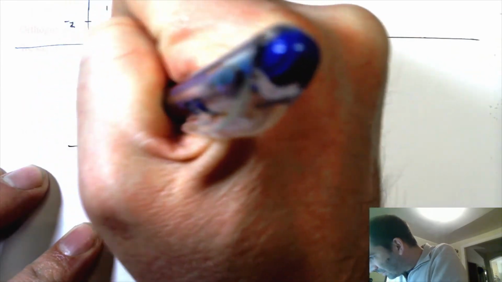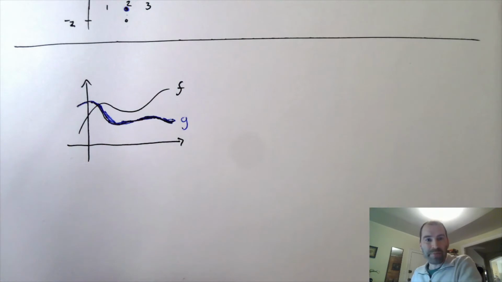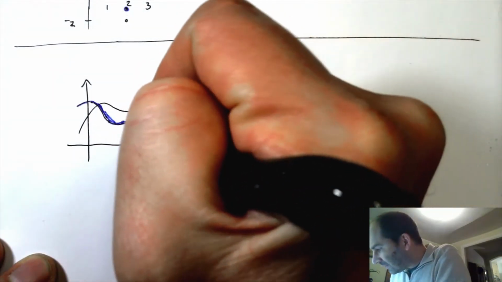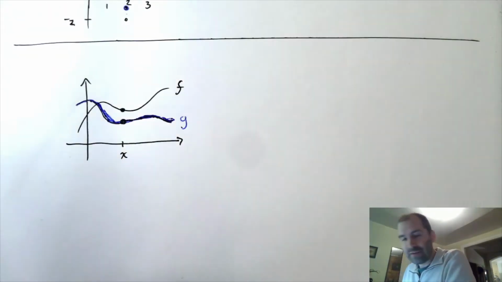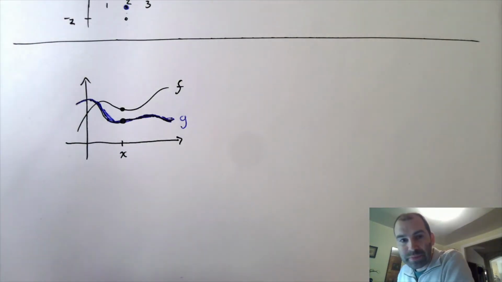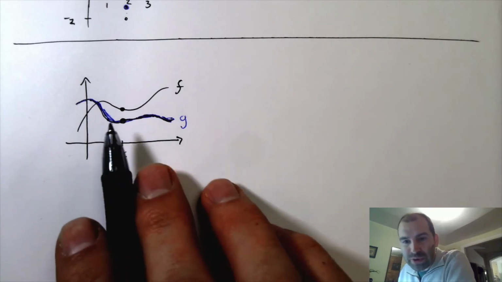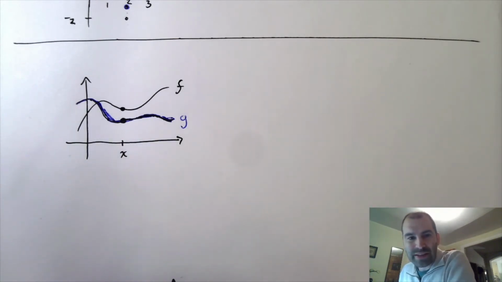All right, so here's my function g. Now I can do the same thing here. For every value of x, I can take the product of g with f, and then add those up, for every single value of x. Well, of course, if I add up infinitely many things like this, I'll probably get infinity as an answer.